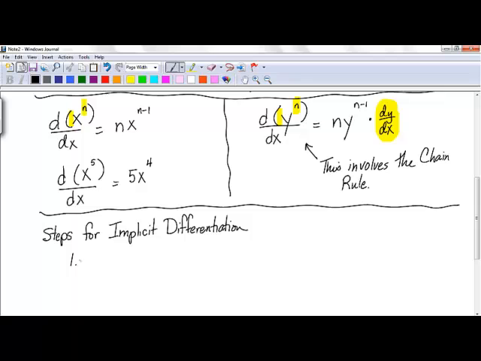First step. Okay, differentiate both sides of the equation with respect to x.